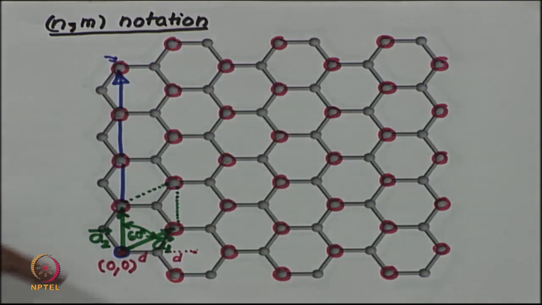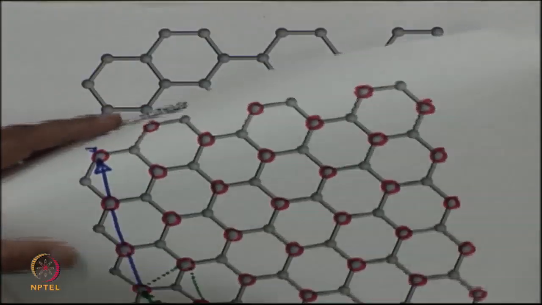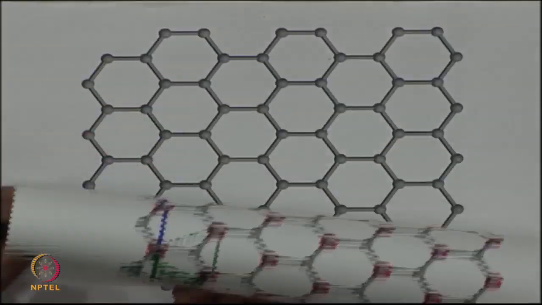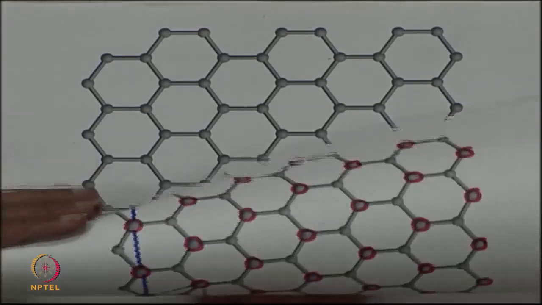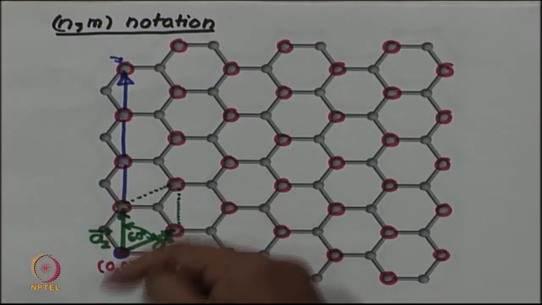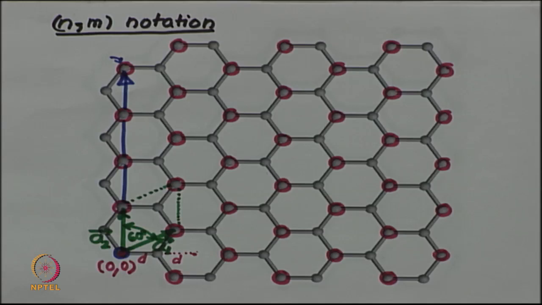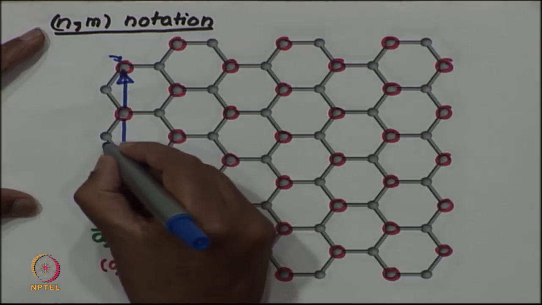So, that is how I will wrap. I will wrap such that I bring the head of this vector to its tail at the origin. So, I will get a tube. You can see the vector which I have drawn here, the blue vector, will become the circumference of the rolled up nanotube. Such vectors are known as the chiral vector of the tube.